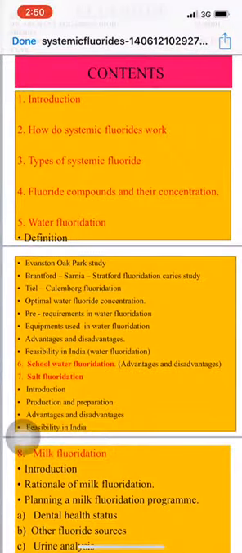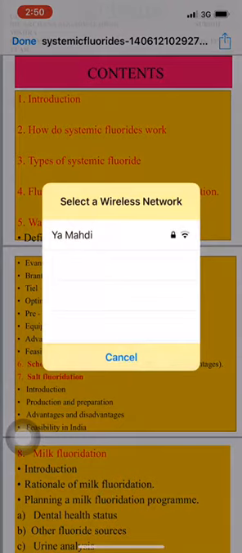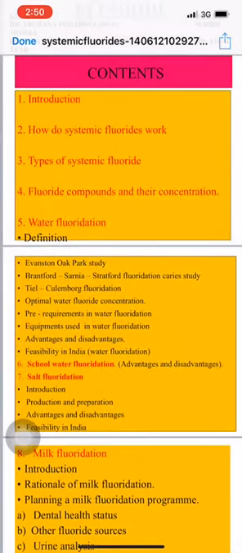المرحلة الخامسة راح نتكلم عن systemic fluoride and the importance of systemic fluoride in the community and in dentistry as well.